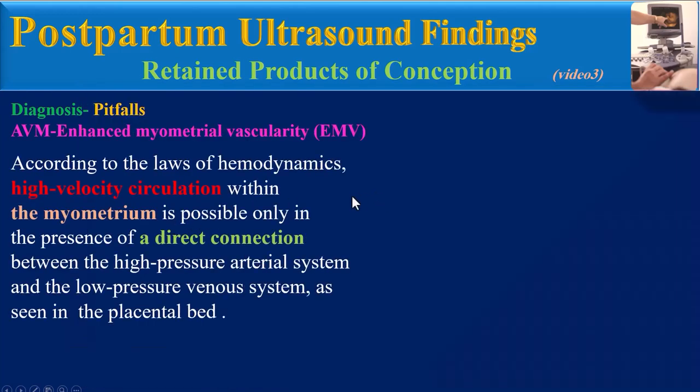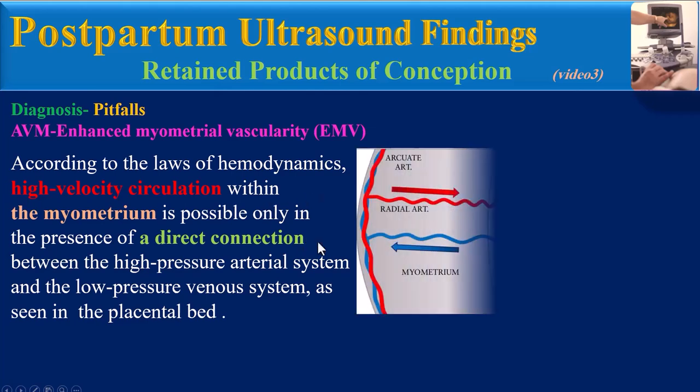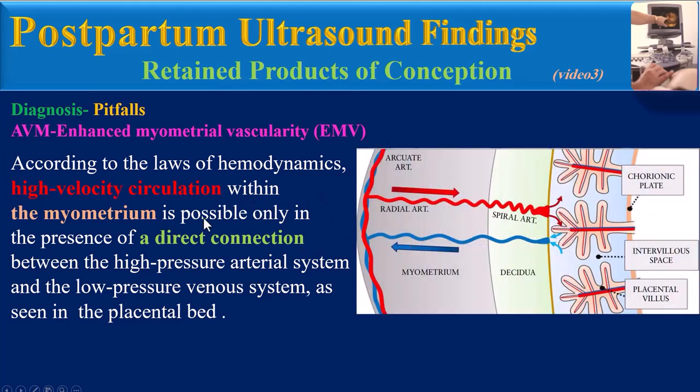According to the laws of hemodynamics, high-velocity circulation within the myometrium is possible only in the presence of a direct connection between the high-pressure arterial system and the low-pressure venous system, as seen in the placental bed.